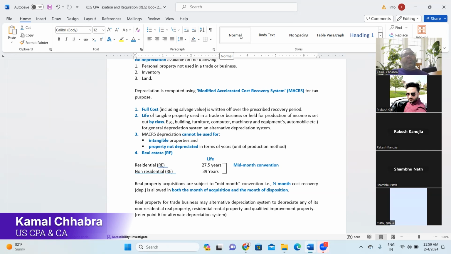But when you have done the research part and your prototype is ready, and after that, for commercial production, you want to do the development phase, expenditures in the development phase are allowed to be capitalized. So that is one thing.